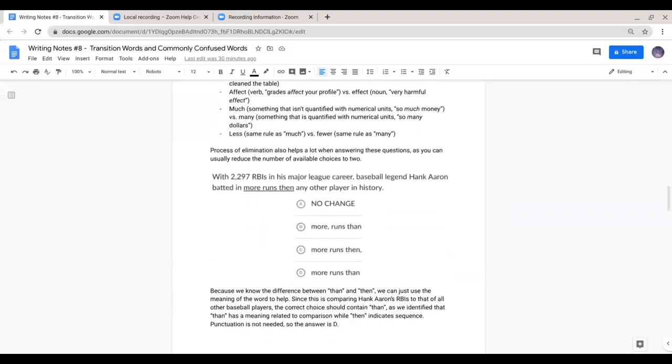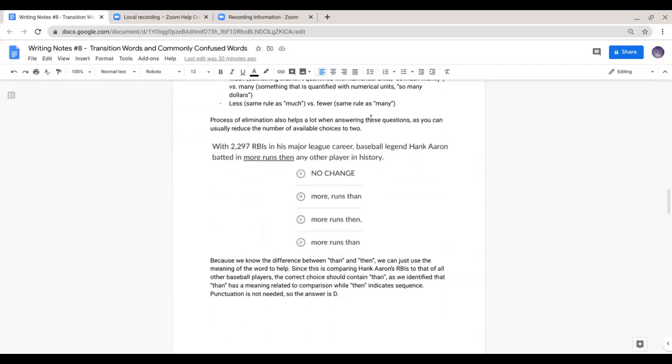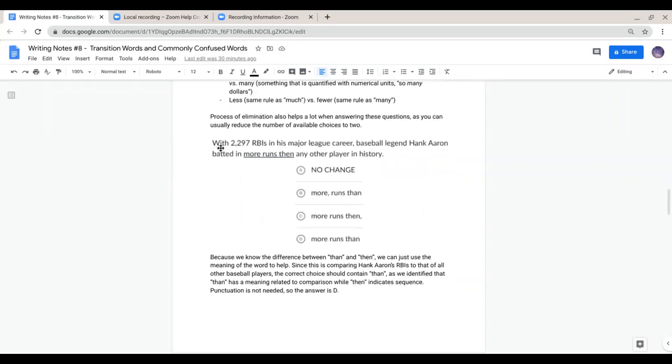So here's an example, then versus than. With 2,297 RBIs in his major league career, baseball legend Hank Aaron batted in more runs than any player in history. If you remember, I talked about the two and their differences. Then with an E is sequence, and than with an A is comparison.